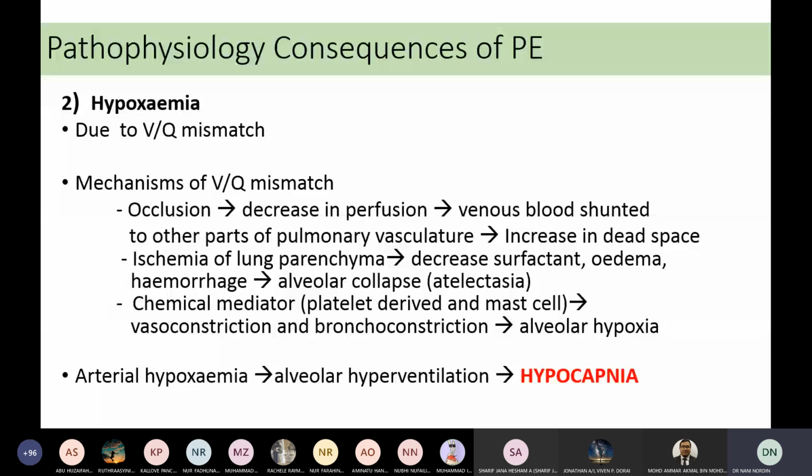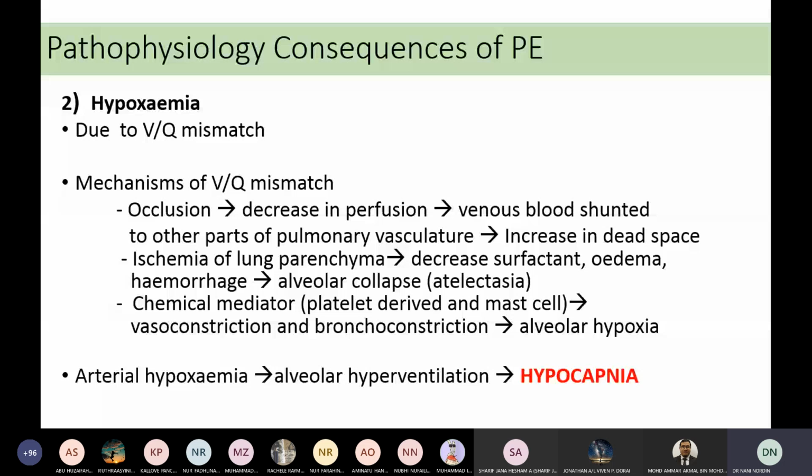But bear in mind, there will also be areas of alveolar collapse, which will also derange the VQ, and areas of bronchoconstriction, in which you will have decrease in Q and decrease in V. So areas of alveolar hypoxia. All right, so there is a mismatch. The idea is there is a mismatch of VQ.